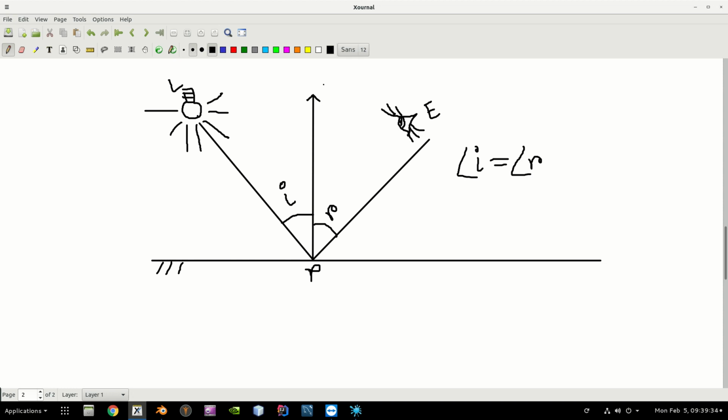So we need to know, let me put a label to that, the surface normal vector so that we can create this angle I. Is this clear? Okay. The surface normal will always stand perpendicular on the surface.